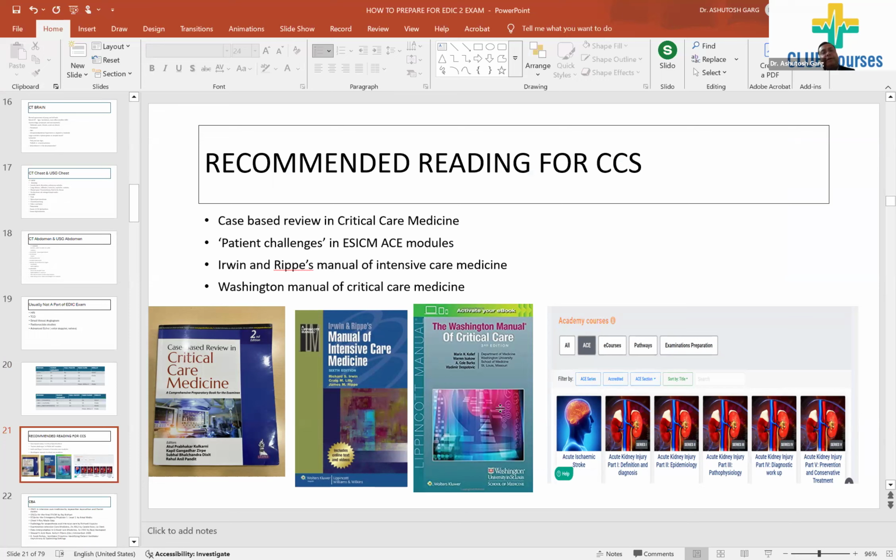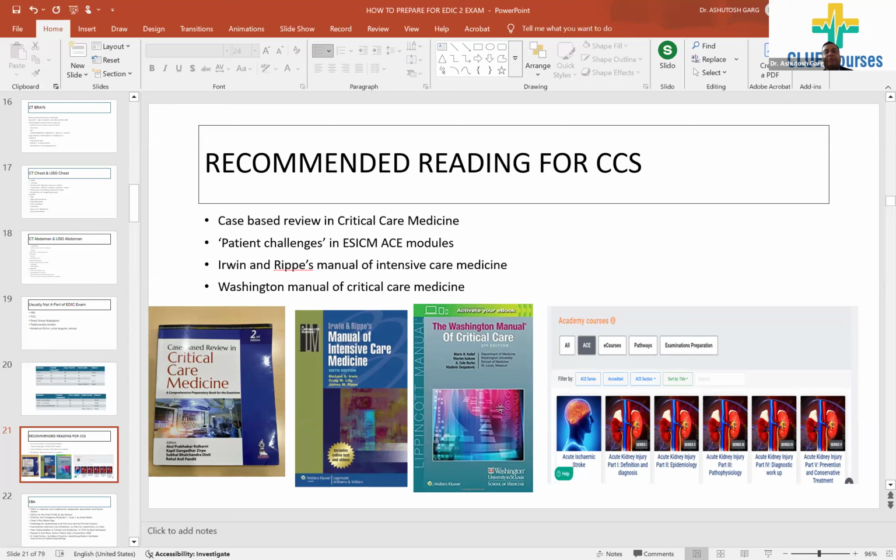You can find ACE modules on the ESICM website, and you have to go to the patient challenges part, which is given at the end of each module. In the patient challenges, you will practice. And then the Irwin and Rippe Manual of Intensive Care Medicine. This is a very good book, especially for some topics which are difficult or which are routinely asked.